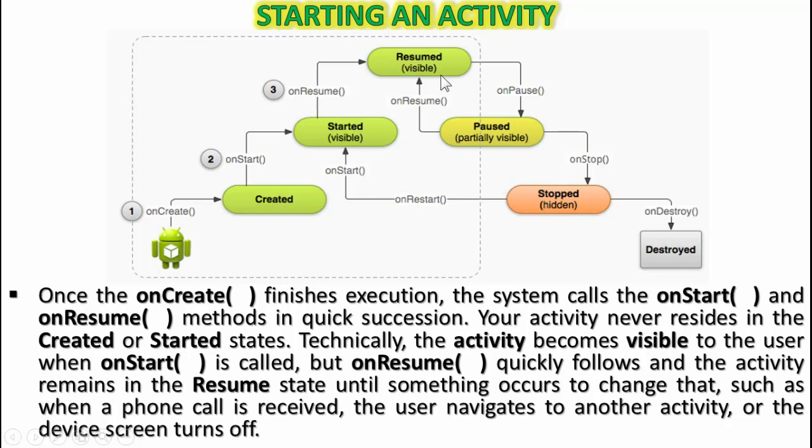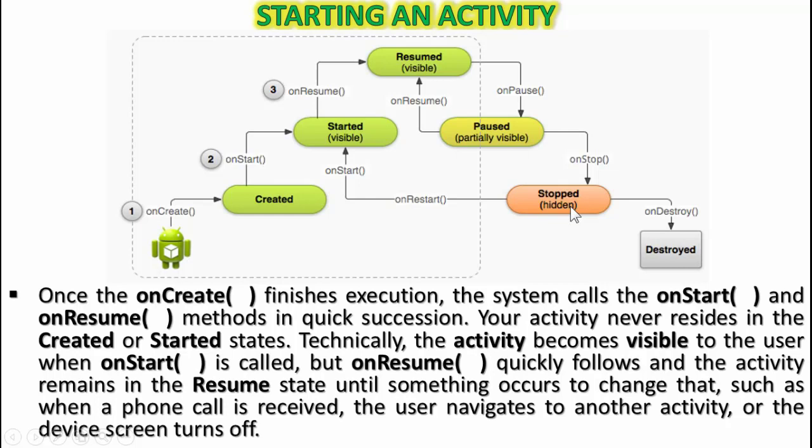From resume status, after I click the home button, the CPU went to the method handler on pause, and then our activity status changed to pause. And then after that, the CPU jumped to the method handler on stop, and then the status now of our activity became stop. And then the graphical user interface or layout is not anymore visible in the LCD screen of our Android emulator.